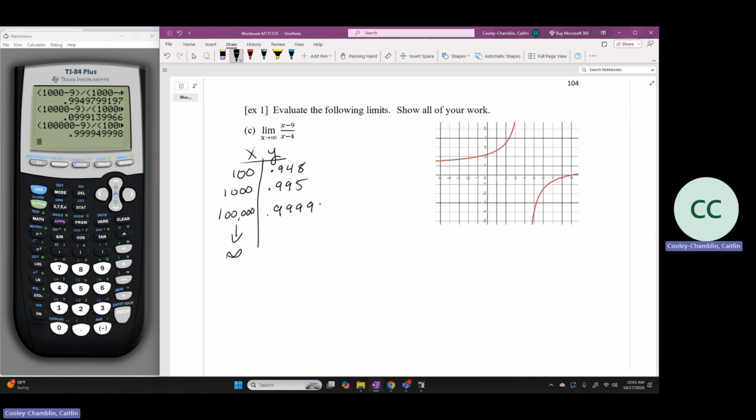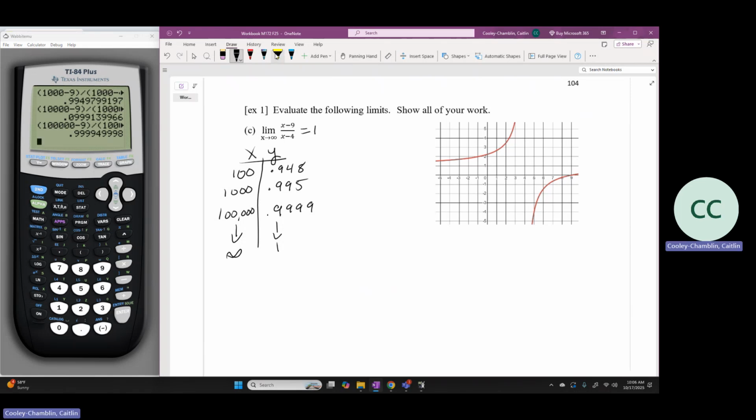So notice, as my x's are getting larger and larger and larger, my y's, they're not getting huge, but they are getting closer and closer to a particular number. We have 0.94, 0.995, 0.99999. So these are getting closer and closer to 1. So this limit as x goes to infinity of x minus 9 over x minus 4 is 1.